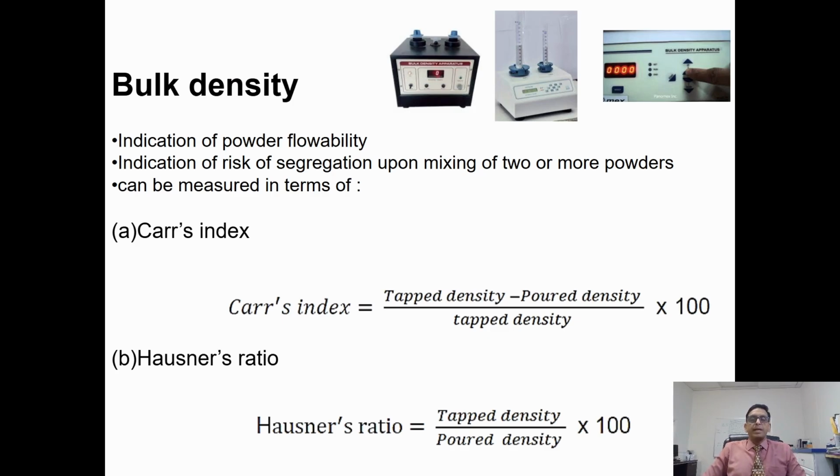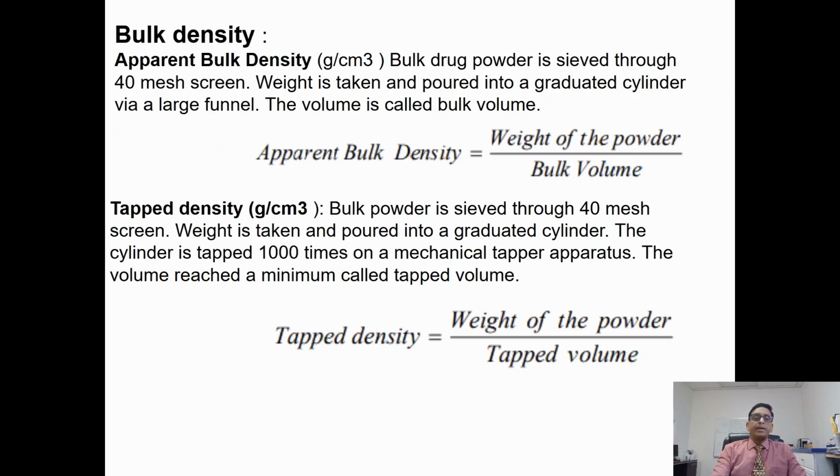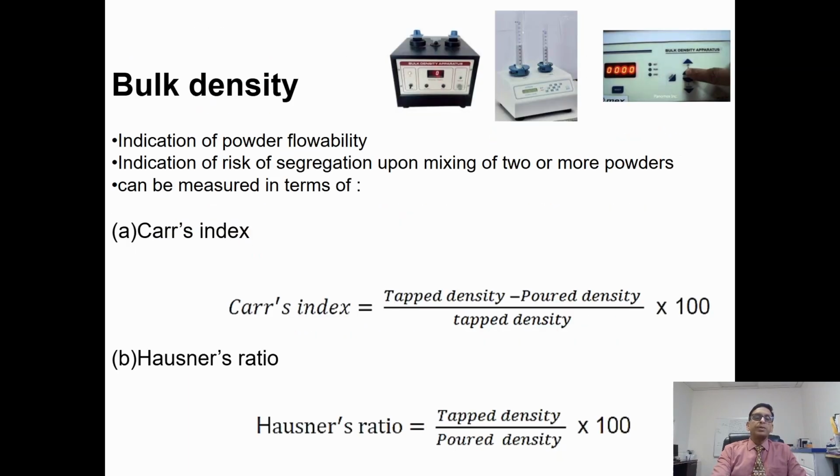After determining the apparent bulk density and the tap density, we use these two parameters to understand powder flowability. The United States Pharmacopoeia has clearly given guidelines on how to determine the tap density and bulk density, and this is just basic information. A tap density apparatus, or densitometer, is available to determine both.